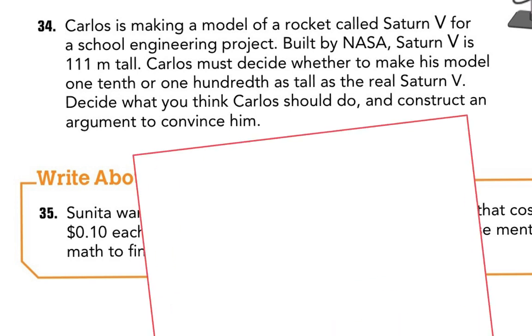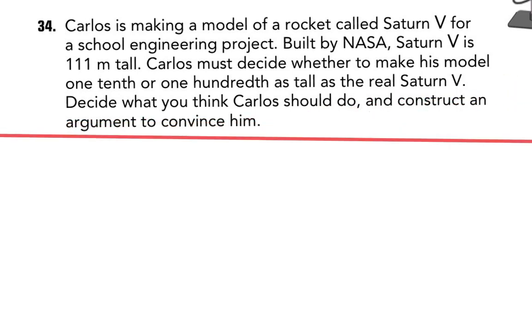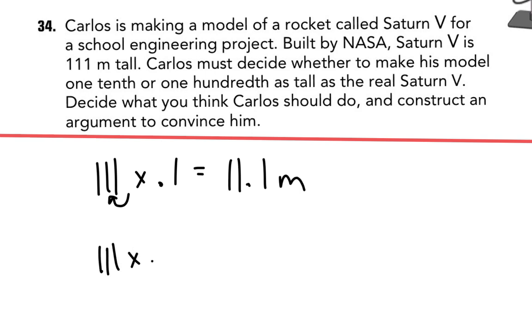If it was 111 meters, 1/10 of that would be moving the decimal 1 spot to the left. That would be 11.1 meters tall. If we did 100th, that would be moving the decimal 2 places to the left, would be 1.11 meters.